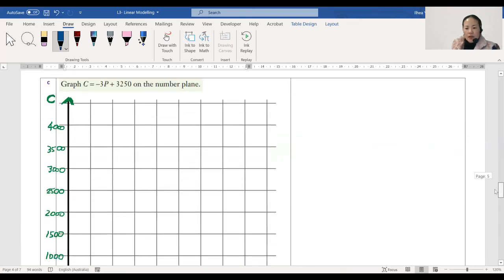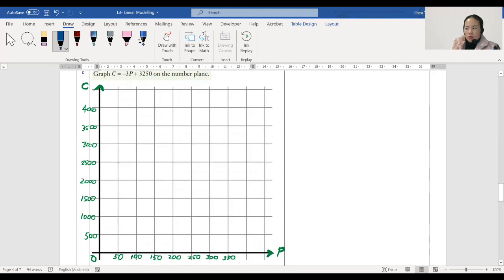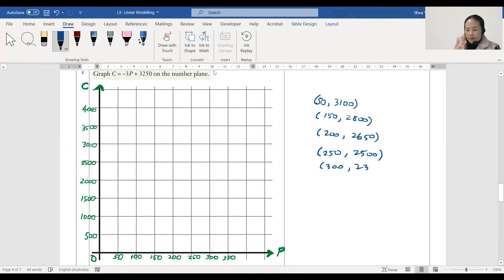Now, we've got to do the graph. So I'm just going to reduce this. I need to know the points, so all the points that we've done in the previous section, I'm just going to write here. Okay, so that's what I'll have to plot. 50 is my X, that's my Y, which is here.